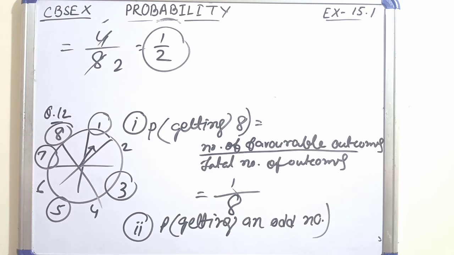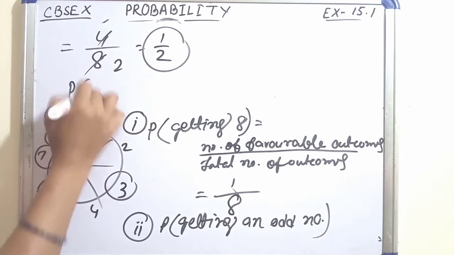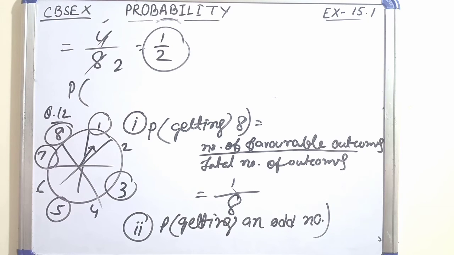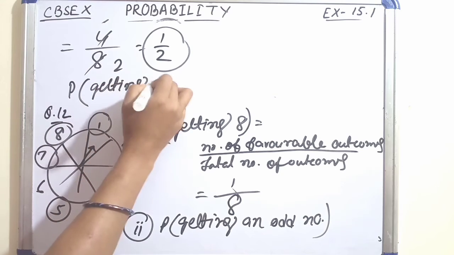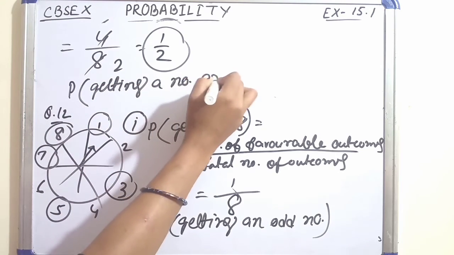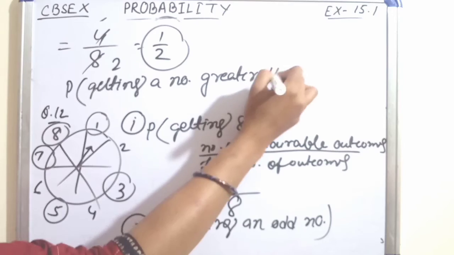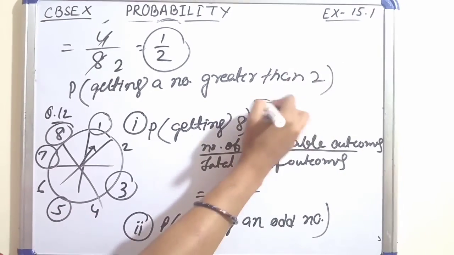Next, what's the probability of a number greater than 2? So probability of getting a number greater than 2.